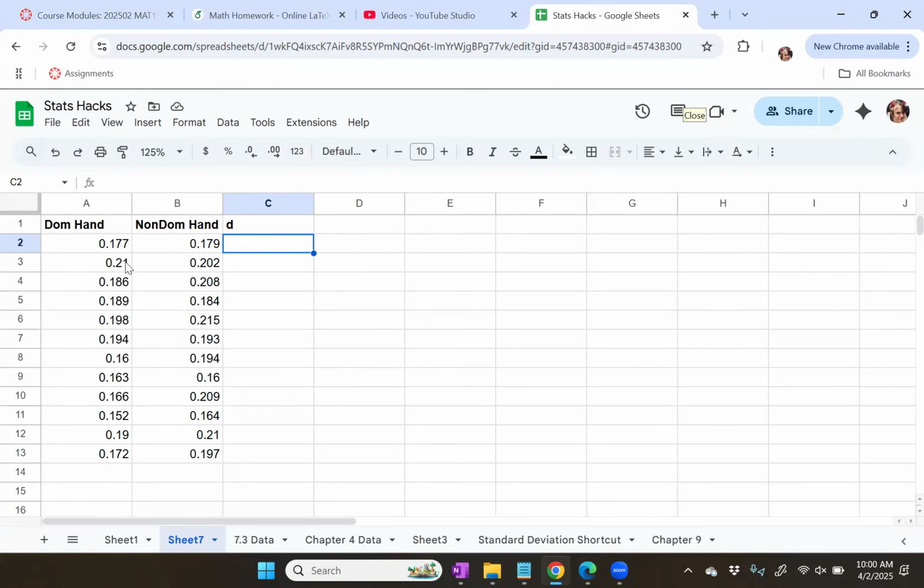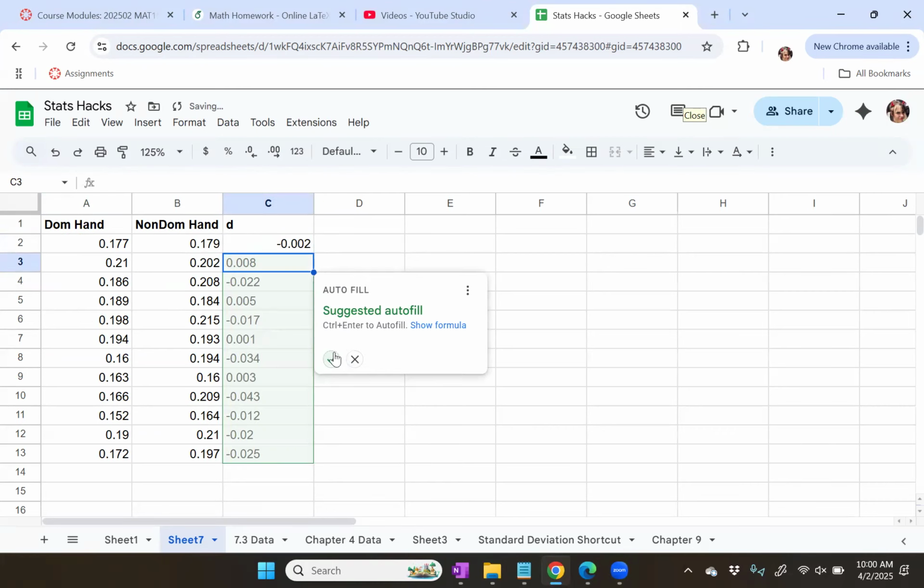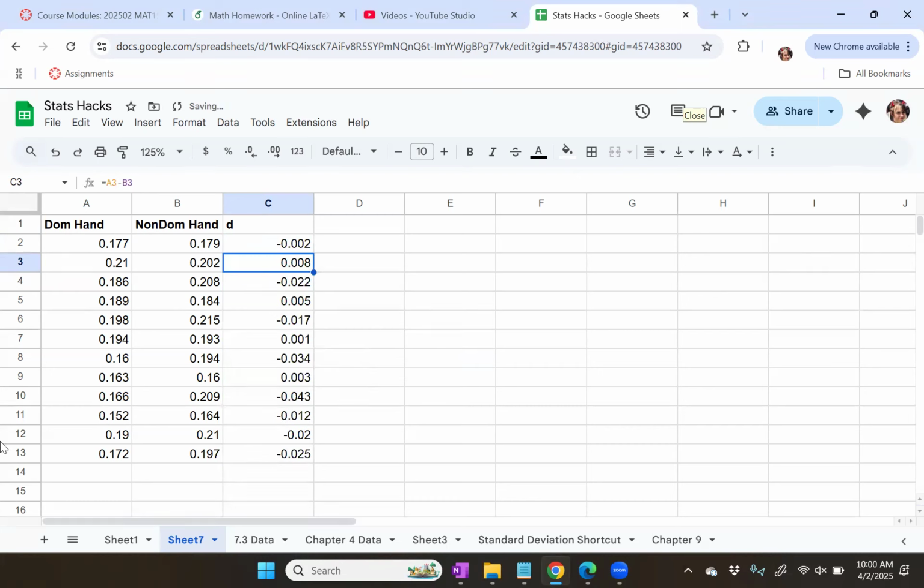Okay, so what I'm going to do is take this cell, equals this cell minus this cell, and autofill. And here's going to be my sum.